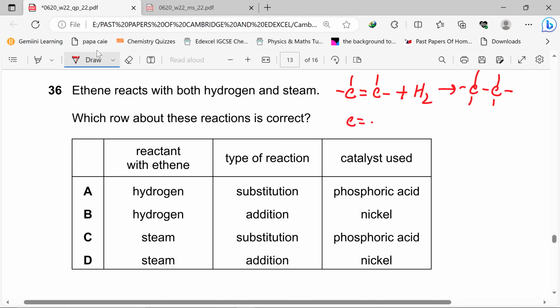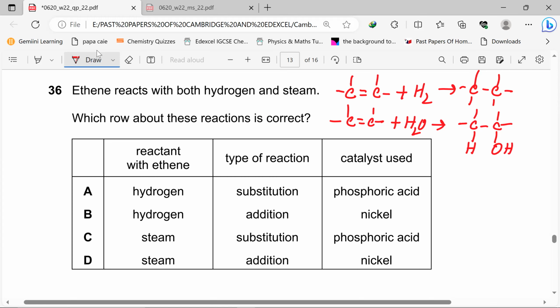And if ethene reacts with steam, which is water, it forms alcohol, which is ethanol. The carbon-carbon double bond will become a single bond. Then one hydrogen will come onto one carbon, and the OH will come onto the other carbon. So that is how it goes. So you see, it is ethanol.